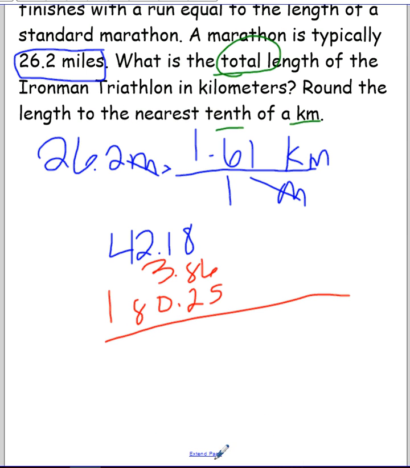So when we do that, we see that the total length of the triathlon rounded to the nearest tenth is about 226.3 kilometers. Because when we add them, we actually get 226.29.